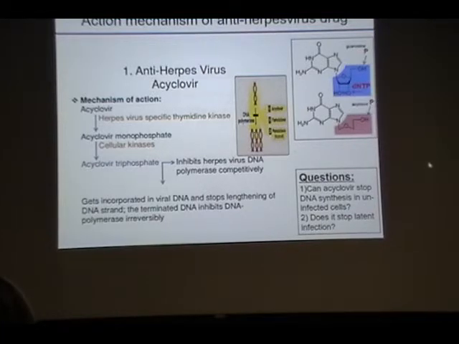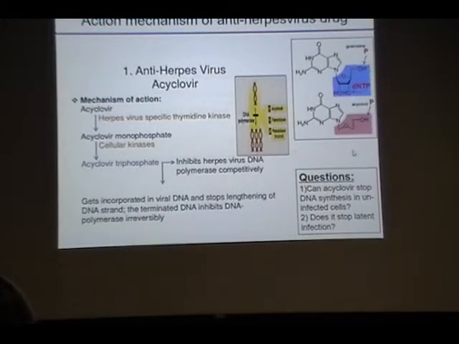So what happened with these anti-herpes virus drugs is that we made nucleoside analogs. In these analogs, we replace this sugar with something like this. So in these molecules, we have only one OH group. This OH group can be phosphorylated, because of the triphosphate bond.